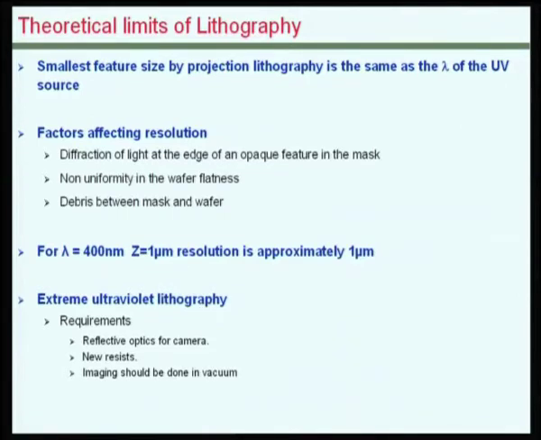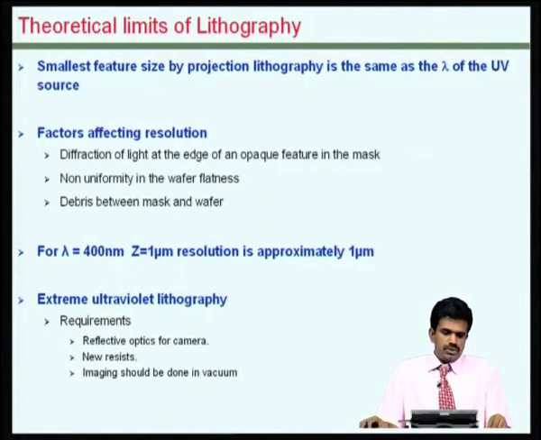As I mentioned, the lithography used in microsystems is similar to what is done in printed circuit board fabrication, but in printed circuit board fabrication we usually get an accuracy of about 2 mils, which is about 50 microns.